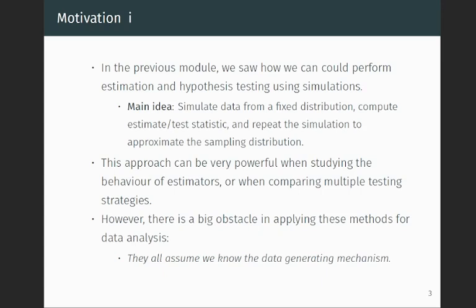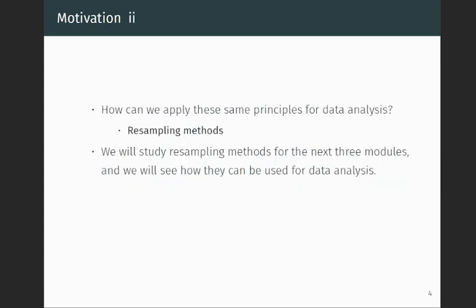However, there is a big obstacle in applying these methods for data analysis because we're making a big assumption. We're assuming that we know the data generating mechanism. We know the distribution of the data so that we can generate new samples out of this distribution. And of course, in data analysis, we rarely, if ever, know the distribution. And so how can we apply these same principles but for data analysis?